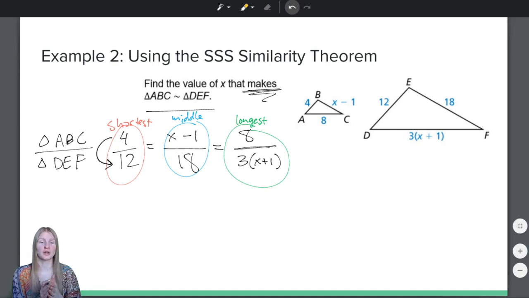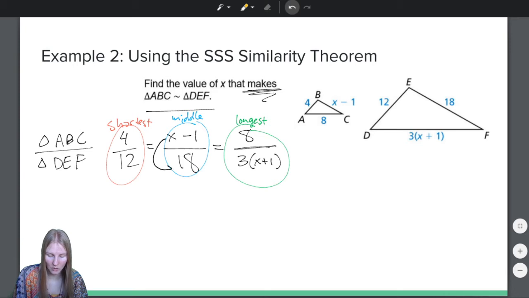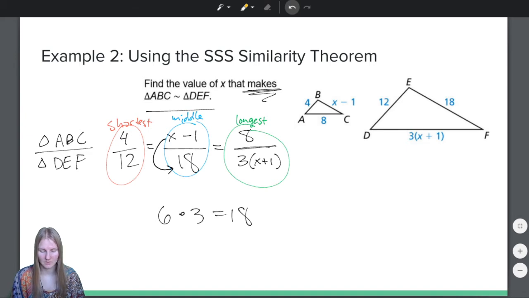Oh, 4 times 3 is 12. So I would need x minus 1 times 3 to be equal to 18. What times 3 is equal to 18? 6. 6 times 3 is 18. That means that x minus 1 has to be 6.